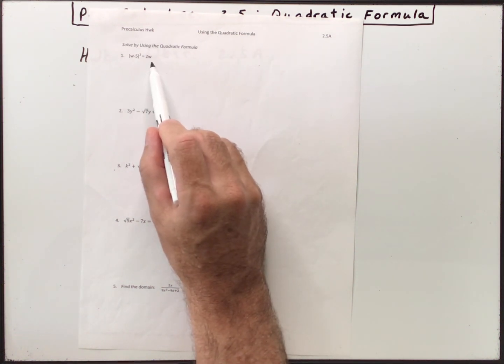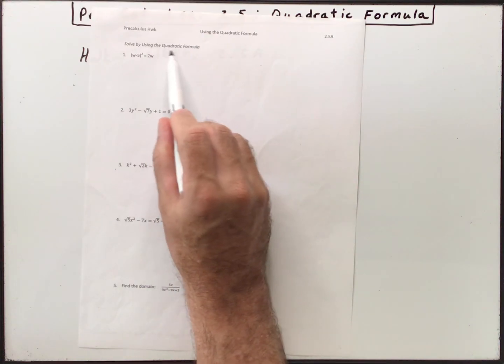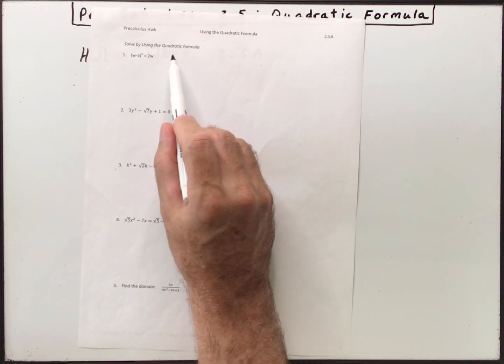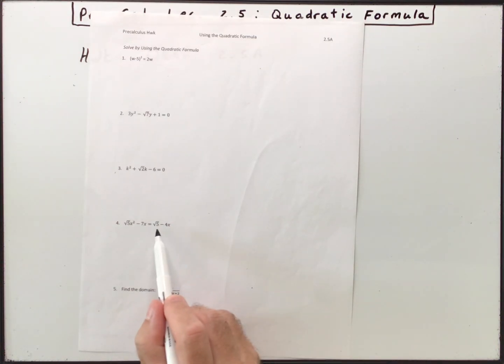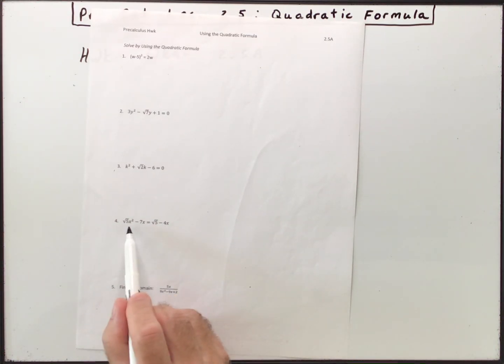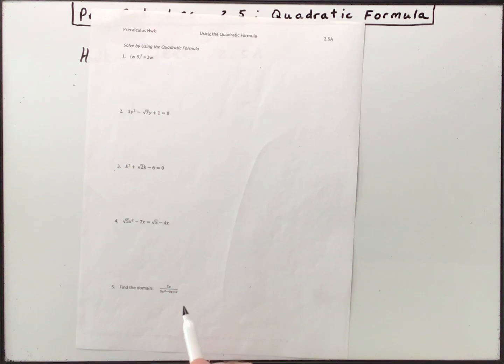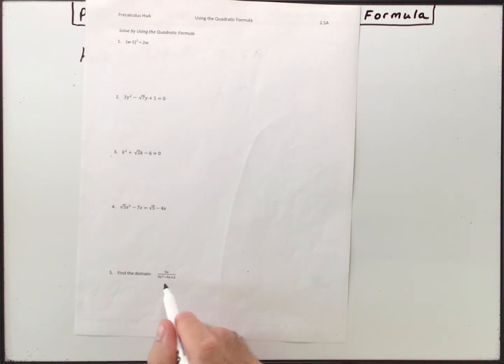All right, so you have to solve using the quadratic formula for all of these. And then for number 4, also you're going to have to pull these terms over to the left. All right, and then find the domain is like our last example problem. You're only really worried about the denominator there.